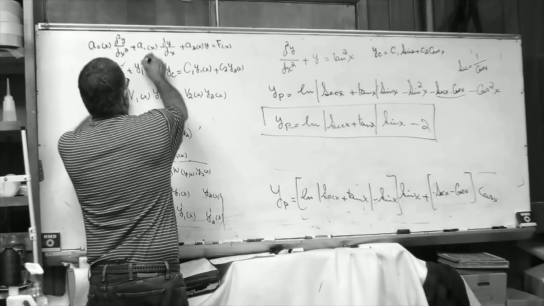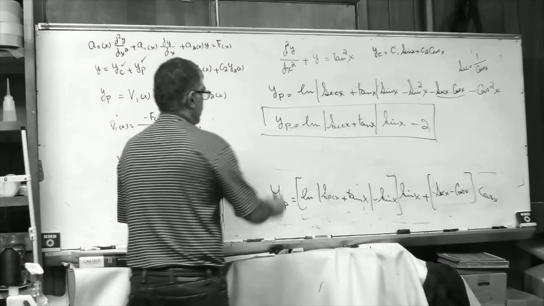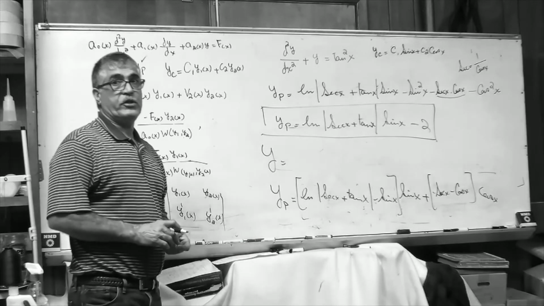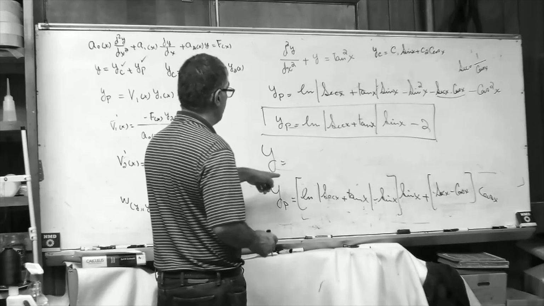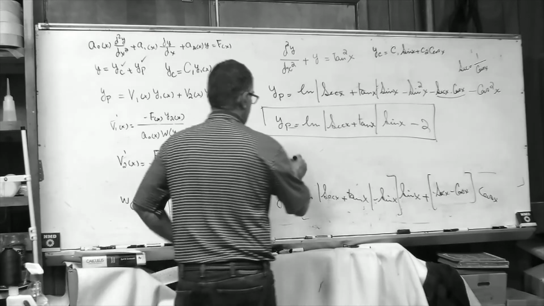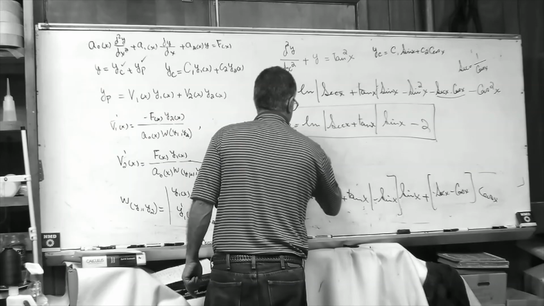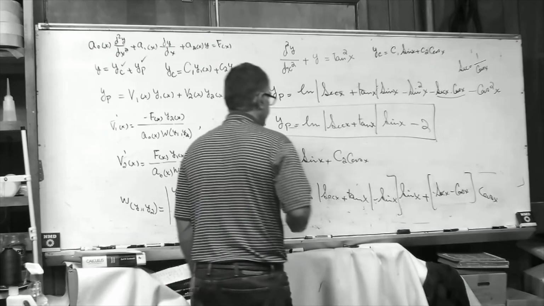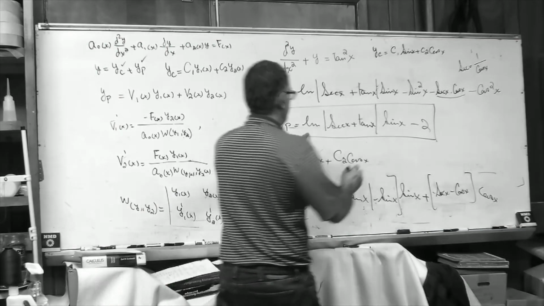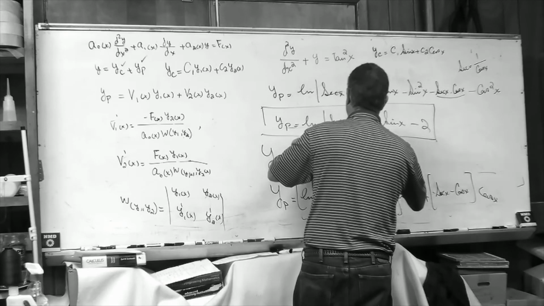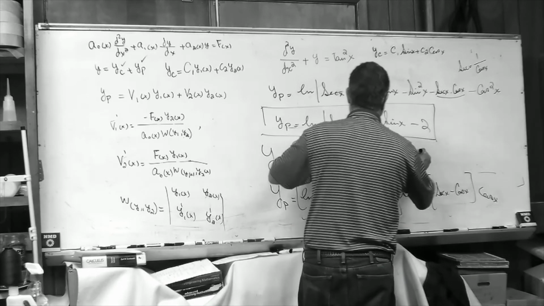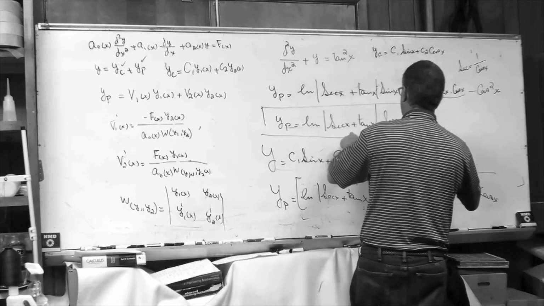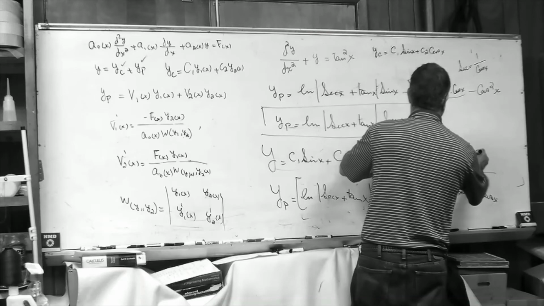Now we have also found yc, so the general solution to this second order non-homogeneous linear differential equation is equal to yc, which was c1 sine x plus c2 cosine of x, plus yp, which is natural log of secant of x plus tan x times sine x minus 2.